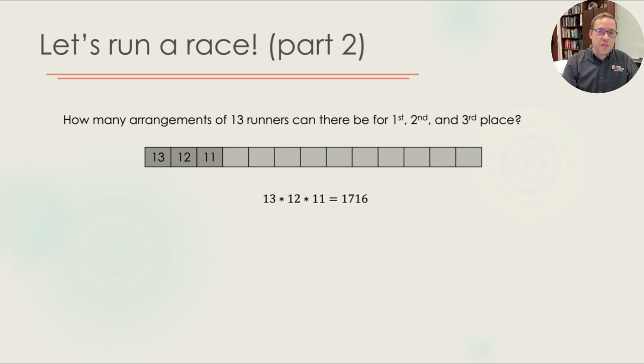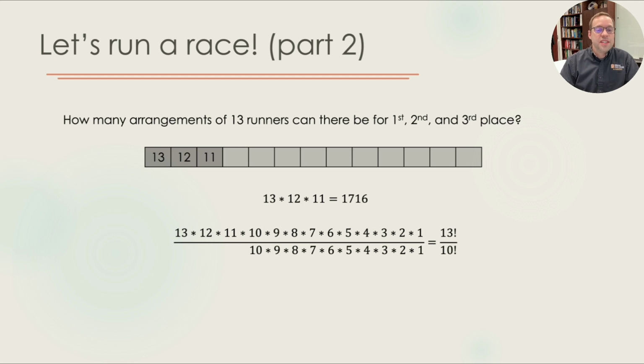If I turn this into a factorial, which is what we saw in our last video, essentially what we have is 13 factorial, all numbers from 13 down to 1 multiplied together, but we removed everything from 1 to 10. If everything's multiplied together, how do you remove a number? Well, you divide by those numbers. That's how you get rid of them.